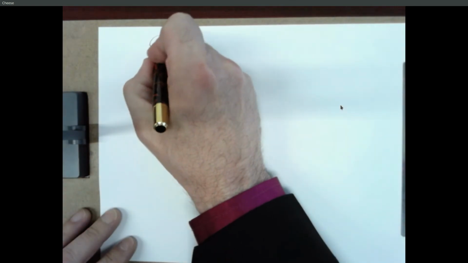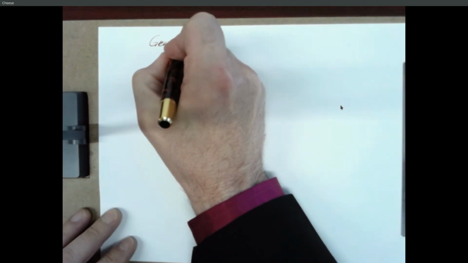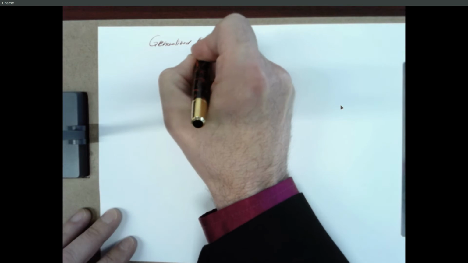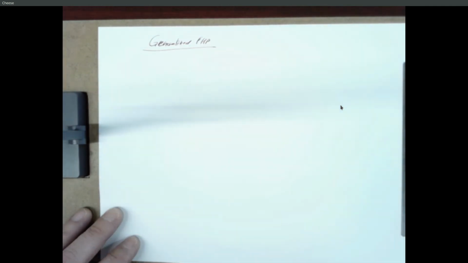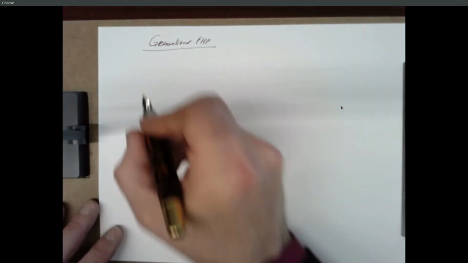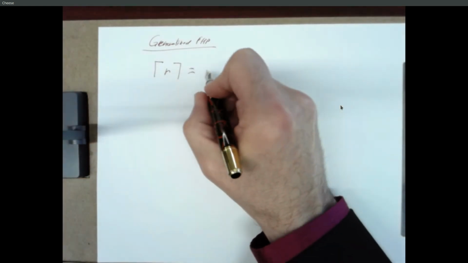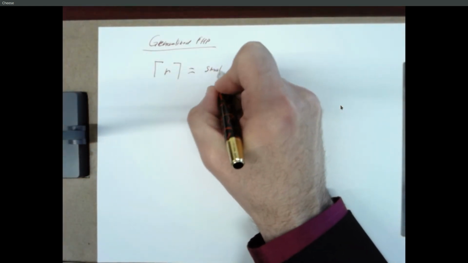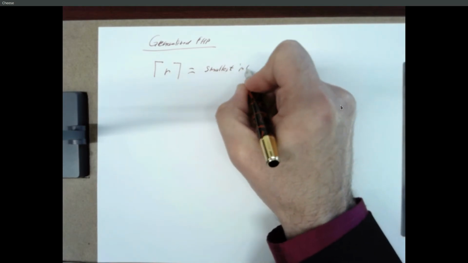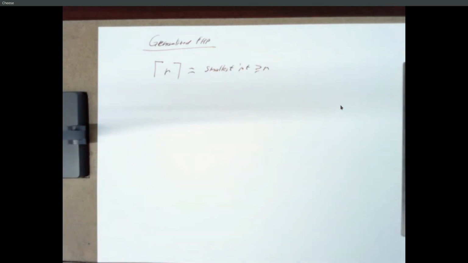All right, and so there's a generalized pigeonhole principle. And we need to define this operator. So this is sometimes called a ceiling function. So this funny symbol, the ceiling of r, equals the smallest integer bigger than or equal to r.